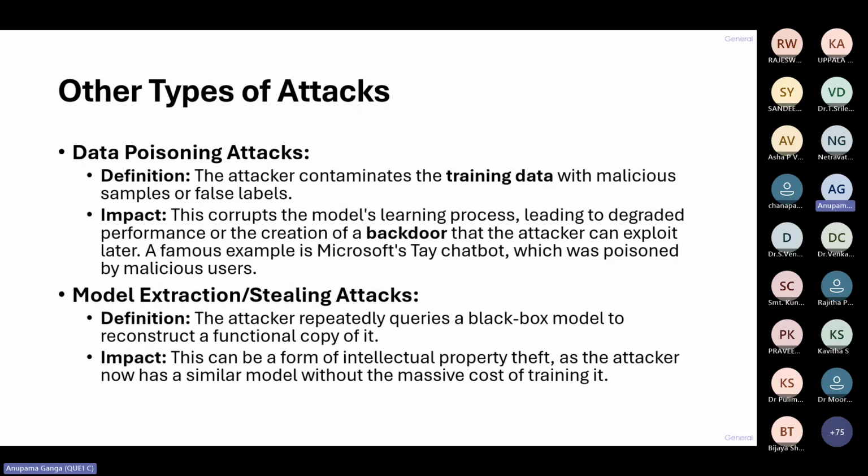Basically, what we are saying here is that in a black box setting, the attacker will access the target model through its inputs and outputs, observe the outputs and try to analyze how the model is performing, right?